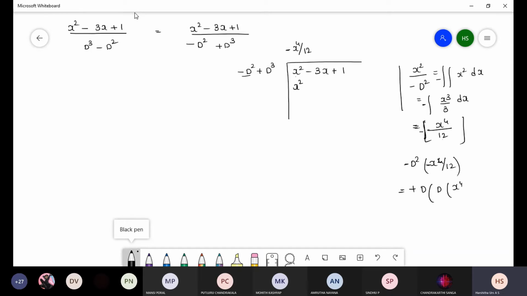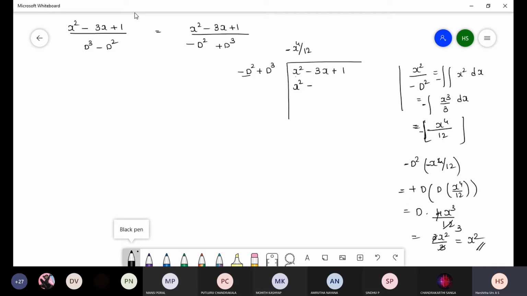First differentiation of x power 4 is 4x cube divided by 12, 4 ones are 4, 3s are... Second differentiation 3x square divided by 3. 3 will get cancelled. We get x square only. So our value after doing the integration is correct. This is for your verification part.